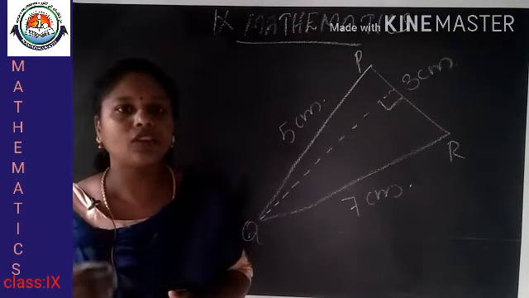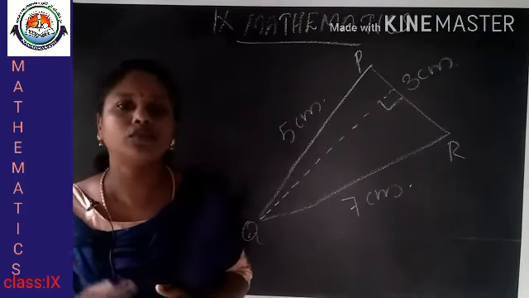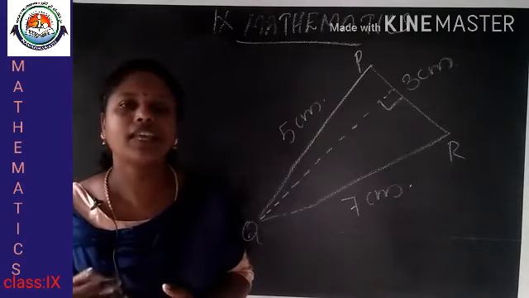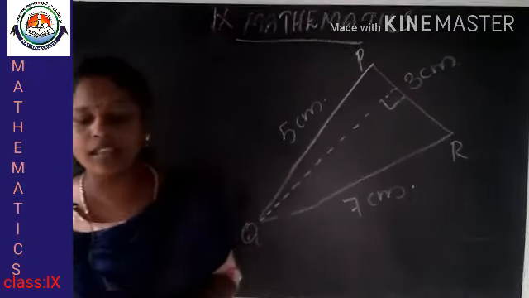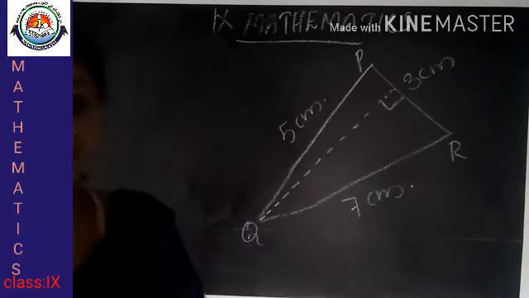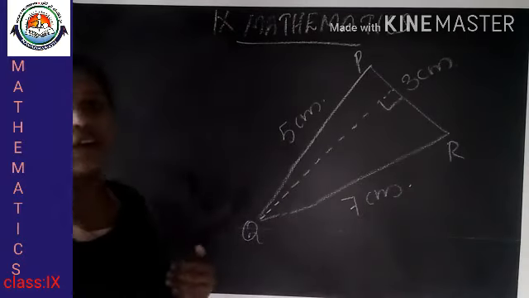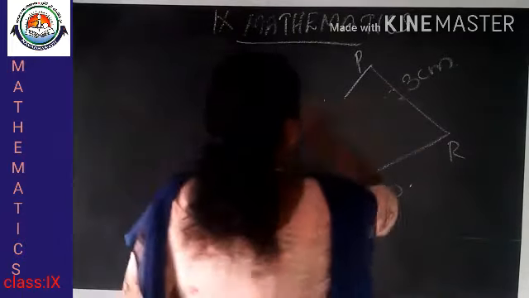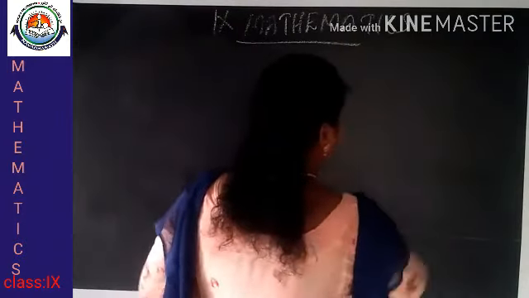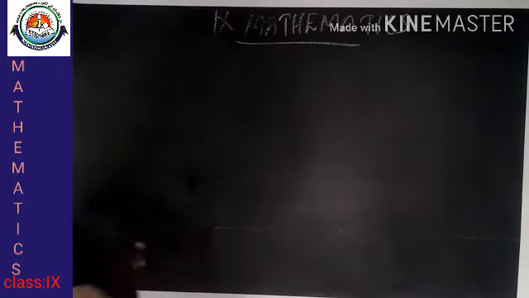If the length of 3 sides are given, how to find the area of a scalene triangle. Here we have a new formula, known as Heron's formula. That's why the name of our chapter is Heron's formula.